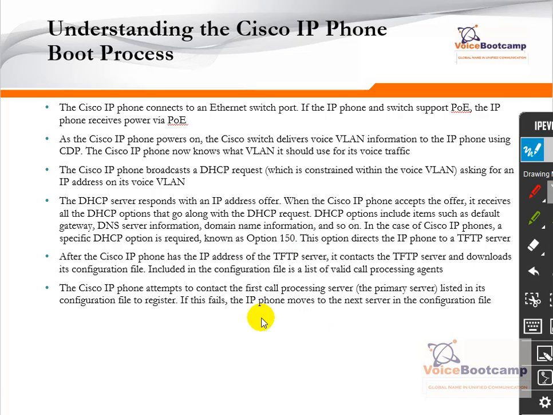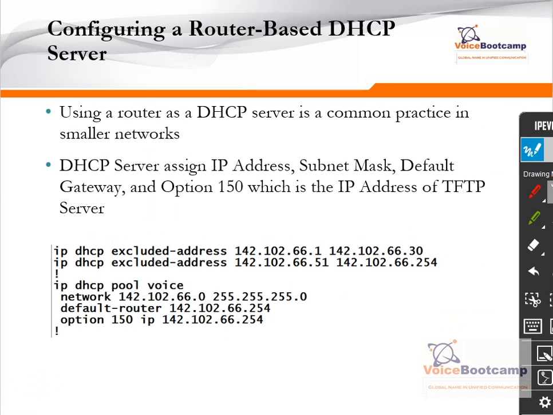So how do I configure this DHCP? Simple. I will go to the router, which allows the router to provide those IP addresses. If I have a requirement to assign IP addresses to IP phones from a certain range, the first thing I need to do is exclude the IP addresses that are outside the range. For example, I would like to exclude any IP address from 1 to 30 and 51 to 254.